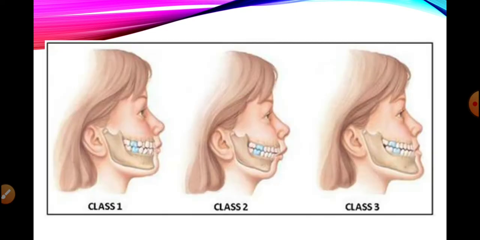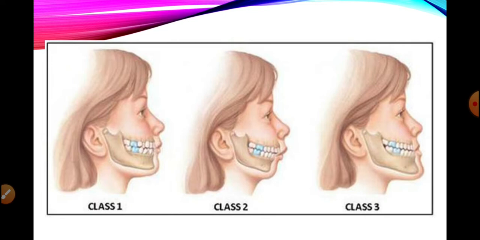Before moving into today's topic, Class 1 malocclusion, let me briefly revise skeletal Class 1, Class 2 and Class 3. Here we need to differentiate between the skeletal classes and the classes of malocclusion.